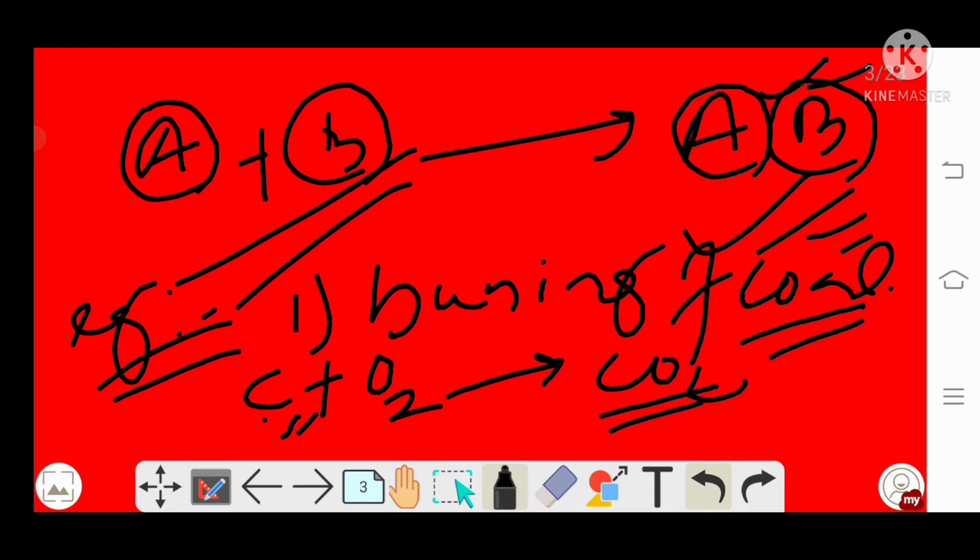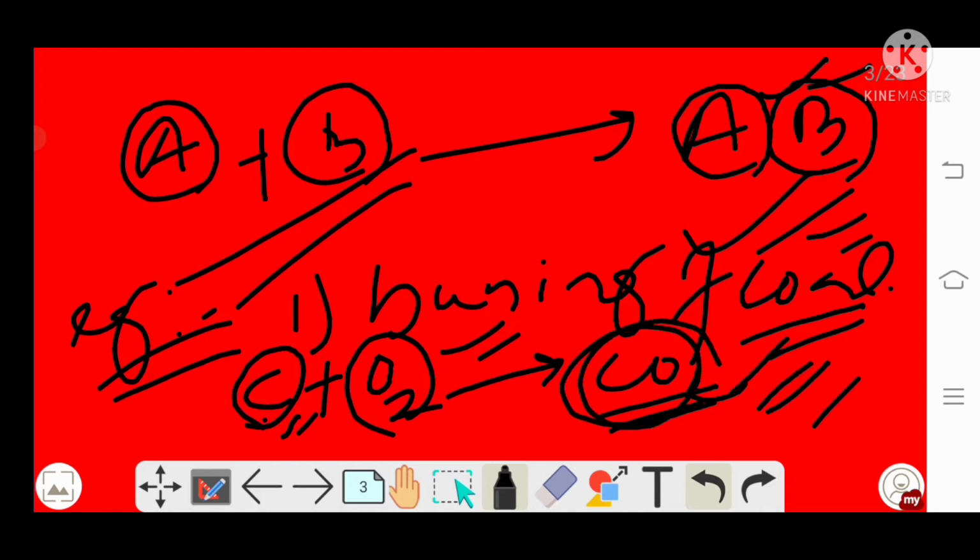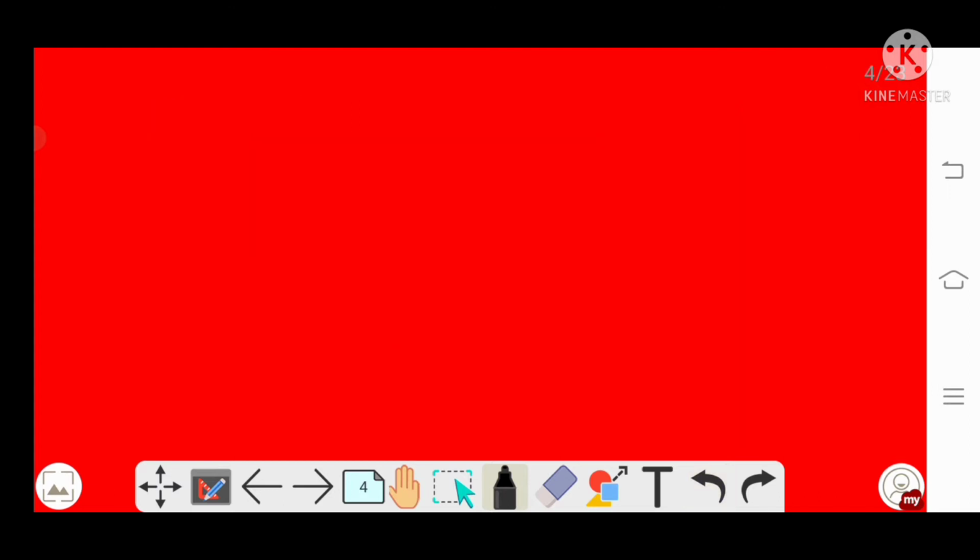So carbon is one reactant and oxygen is another, and they combine to form carbon dioxide, another compound. This is called a combination reaction. Another example: sodium mixed with chlorine to form NaCl, salt.